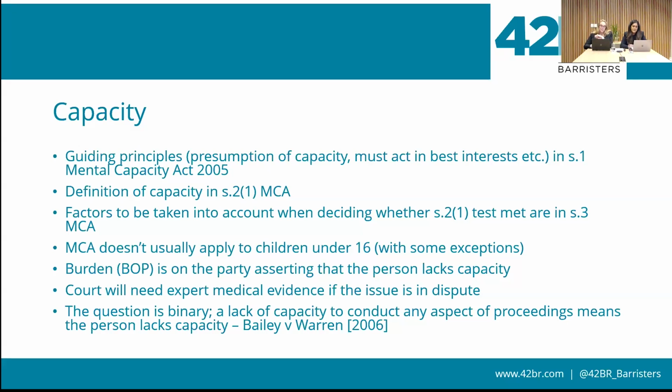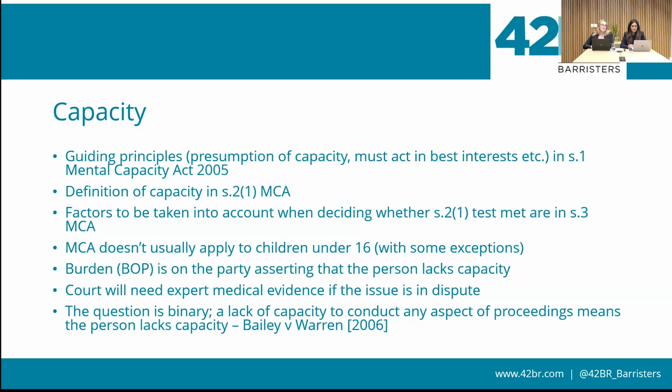The next principle is that somebody acting on behalf of an individual without capacity must act in their best interests. And the last principle is that before any decision is made, you have to consider whether the aim can be achieved in a less restrictive way to the person's rights.